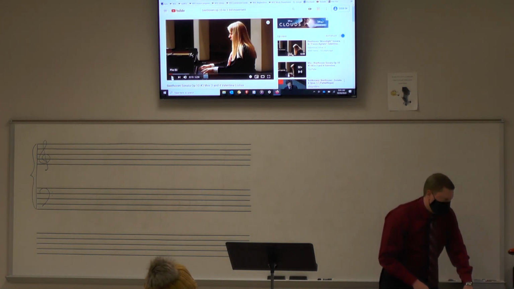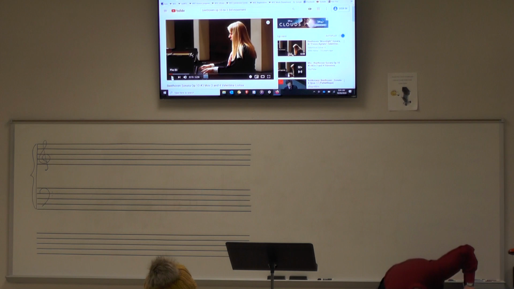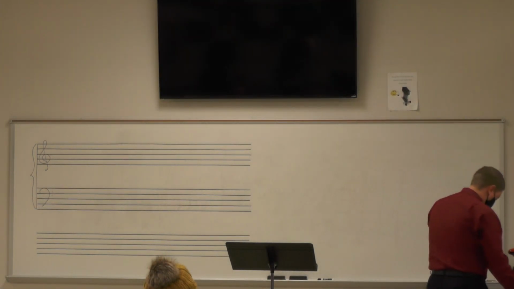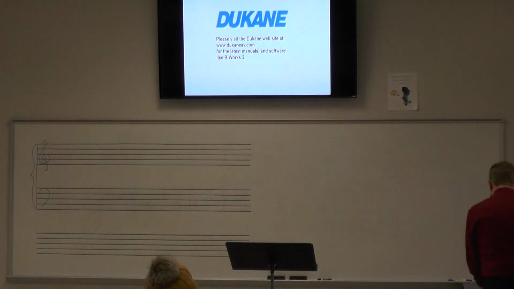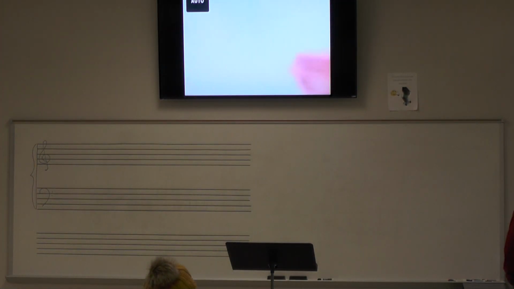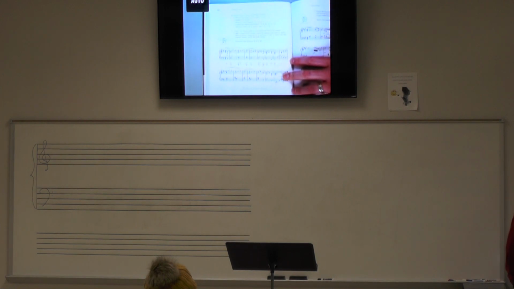We can, I guess, do page 166 first, since we're already on that page. So I wanted you to graph the form of this short example, and then I also wanted you, I believe, to analyze the 7 Roman numerals that are given to you there in the first system.